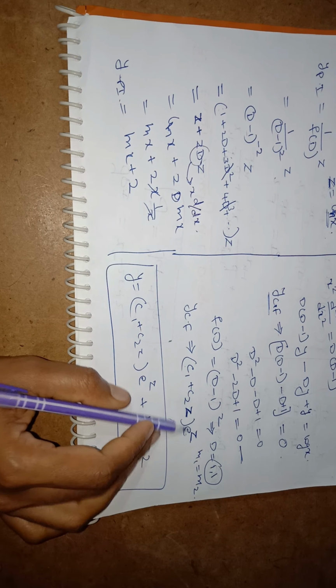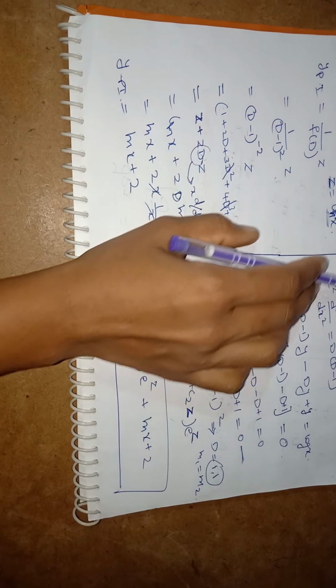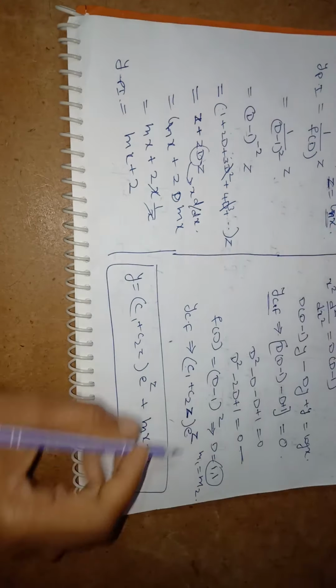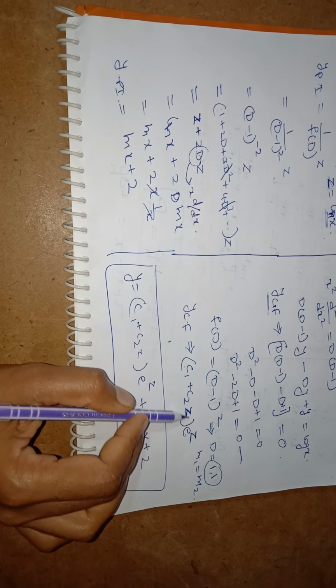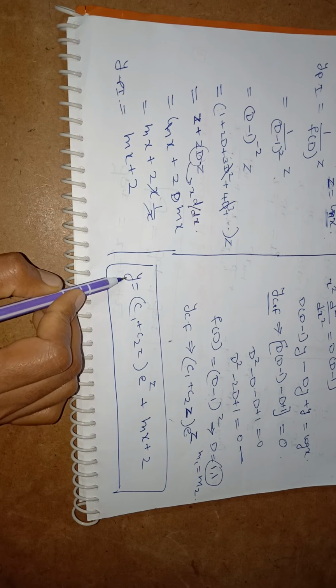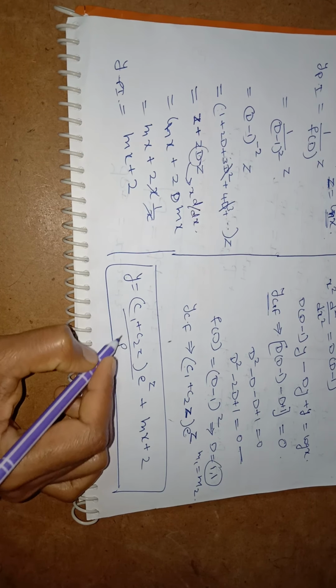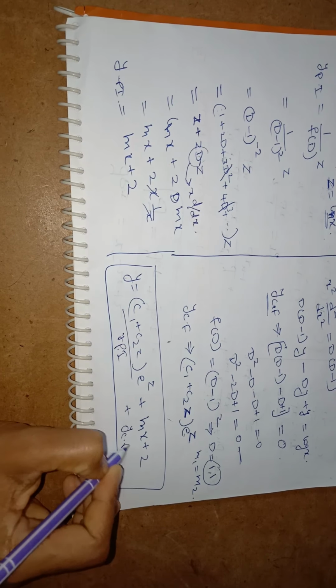Before the problems we have taken x, but here we have considered log x as z. We should take z here. And now the complete solution will be equal to the particular integral plus the complementary function.